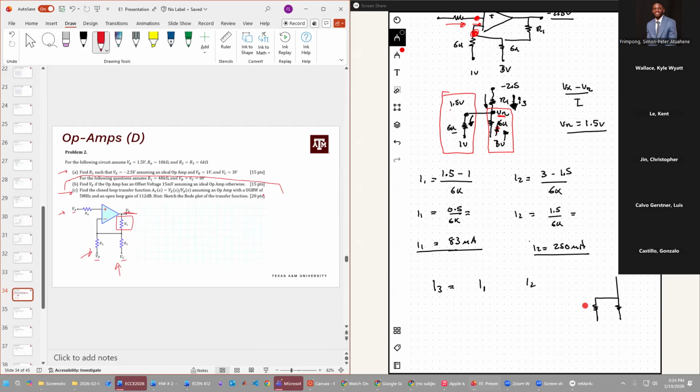So I assumed I1 was flowing this way. I said I2 is flowing this way. And now I'm saying I3 is going to flow down. Assume R1 is there. Can anyone tell me what the correct equation is for I3?